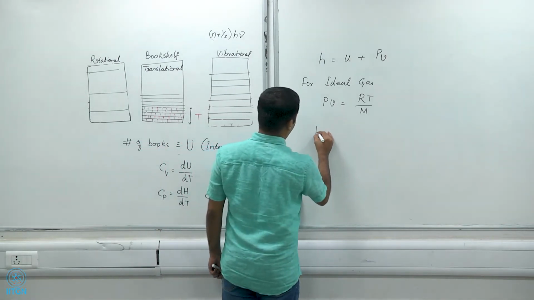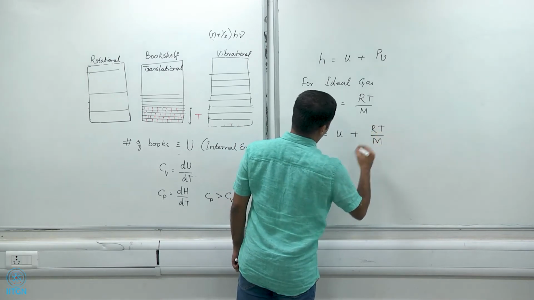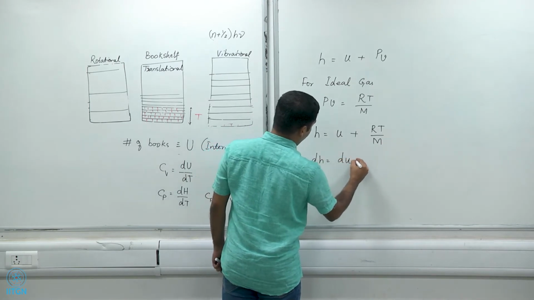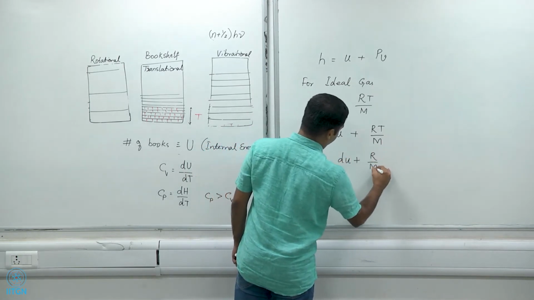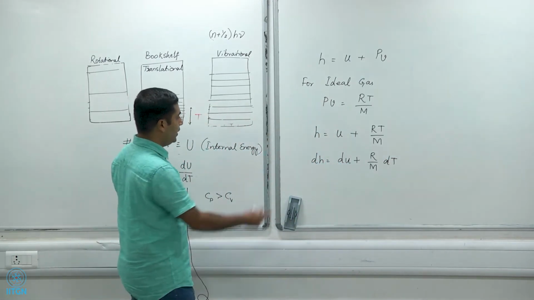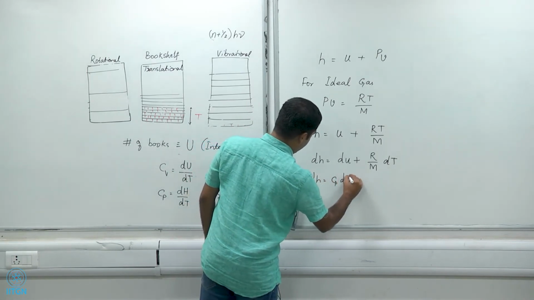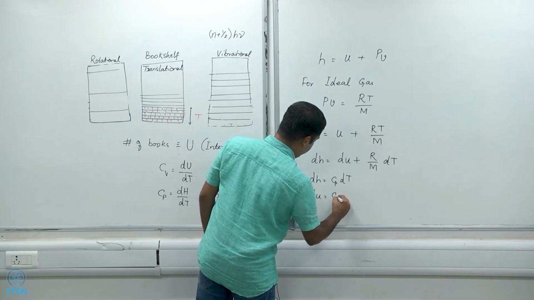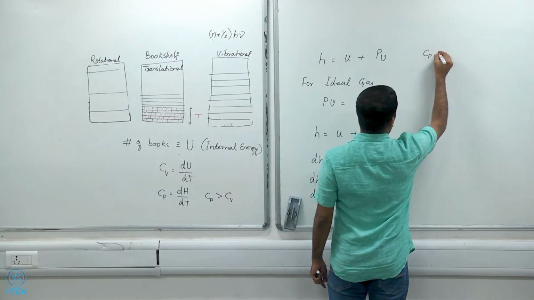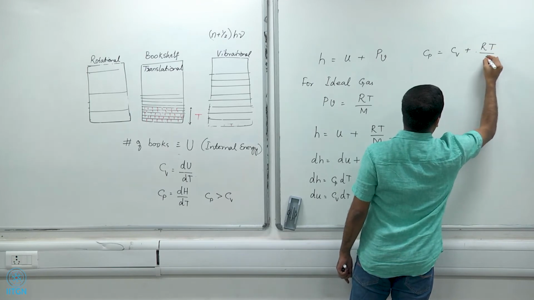So I can write H equals U plus RT by M, and therefore dH equals dU plus R by M dT. For an ideal gas, I know that dH is equal to Cp dT and dU is equal to Cv dT.